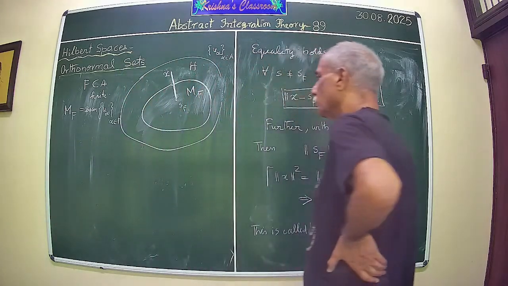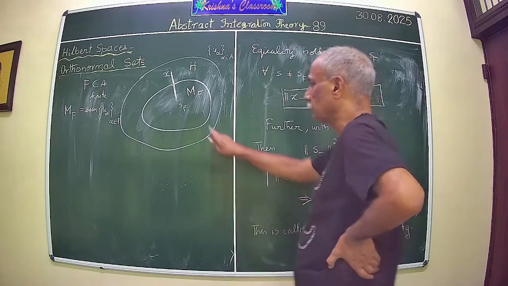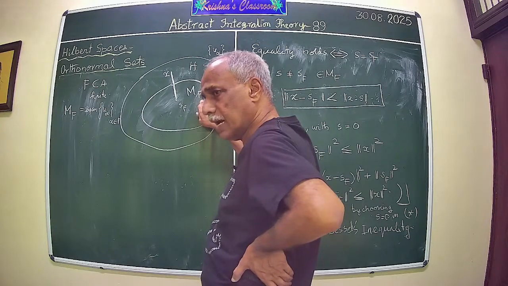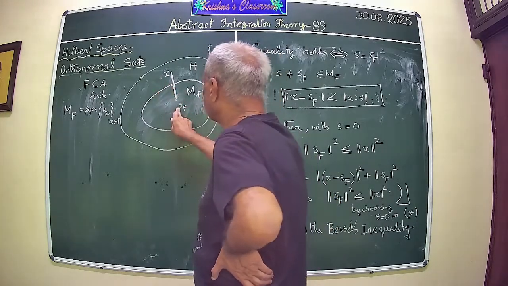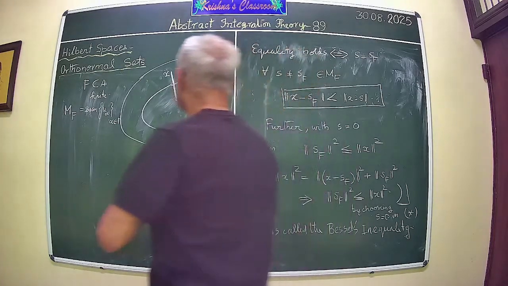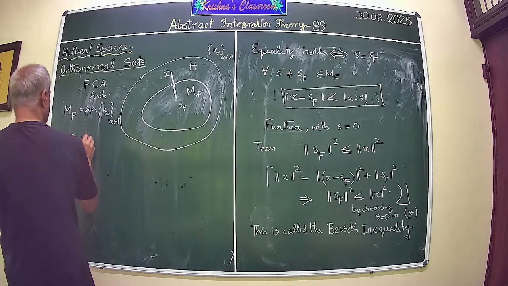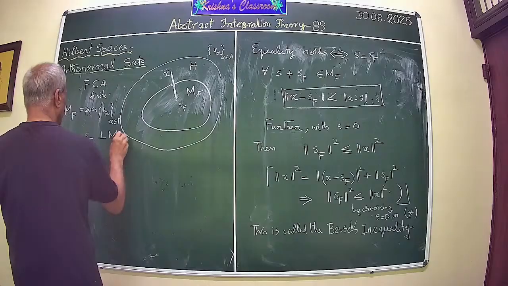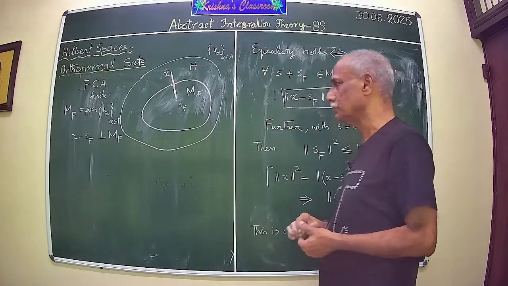This is a vector in MF because it's a linear combination of U alpha with the property that X minus SF is orthogonal to every vector in MF. This is the first thing that you have.